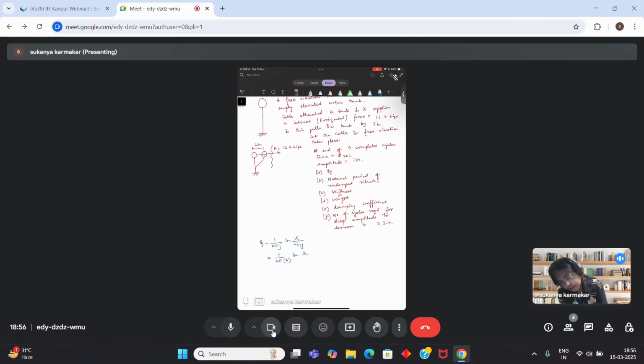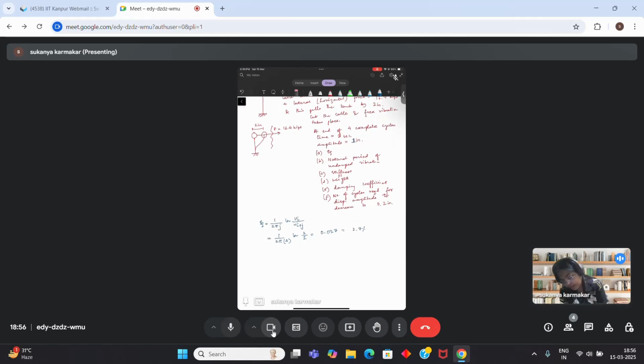No, it's 1 inch. Okay, it's 1 inch, sorry. If you plug in the numbers, you will get 0.027. So it's 2.7%. This is the damping ratio.